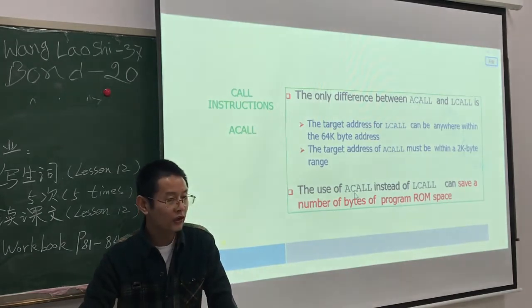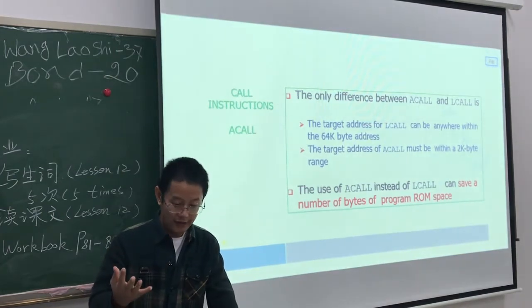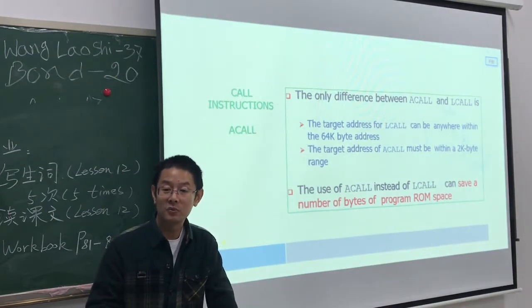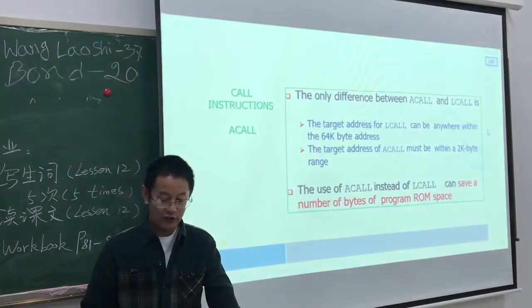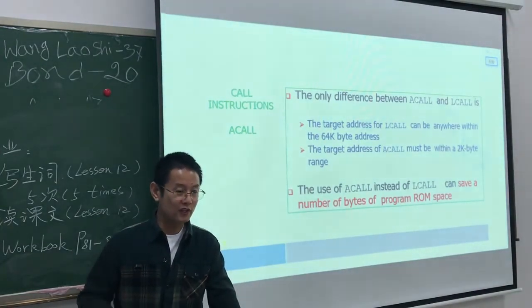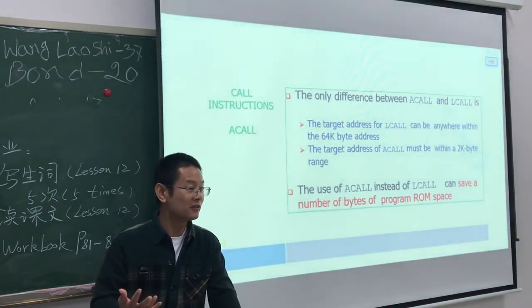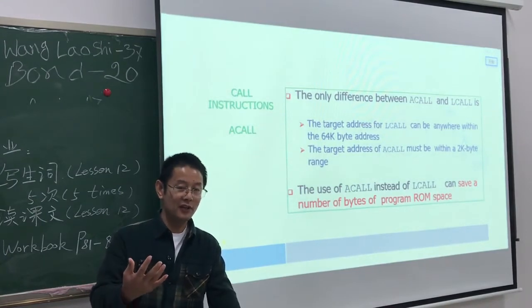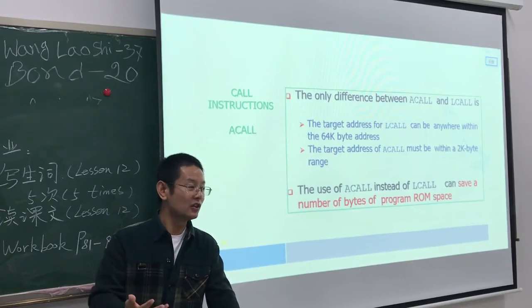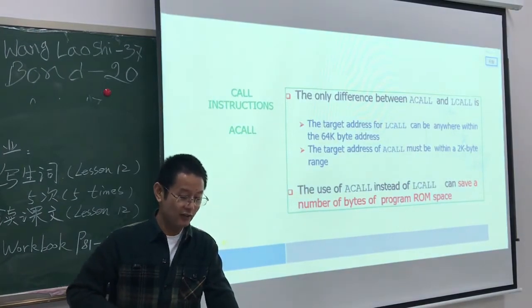ACALL uses 2 bytes. LCALL uses 3 bytes. If your memory is small, you must save your memory space. But now the memories become larger, so maybe you needn't consider it for saving memory.